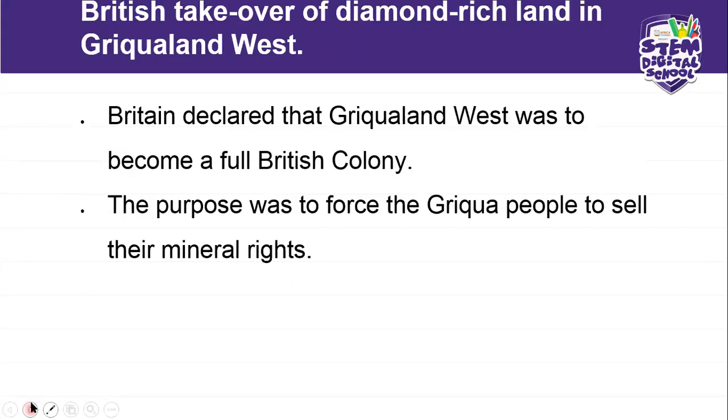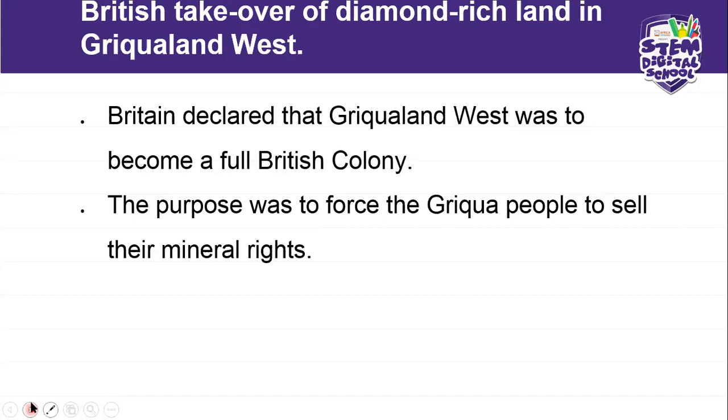And then we look at the British takeover of diamond-rich land in Griqualand West. So remember the British who were colonizing South Africa. They took over the diamond mines. Britain declared that Griqualand West was to become a full British colony.